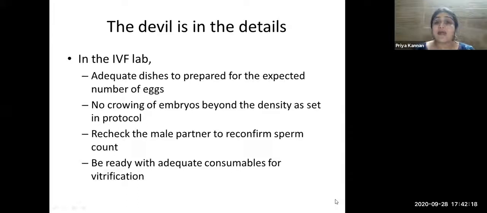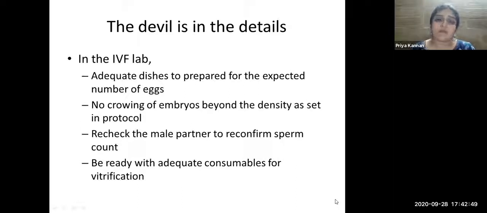Now, why am I not supposed to just give only one small dish and put all the eggs together? Because there is a ratio of how much culture media each embryo will require. Each embryo must be cultured in a minimum of 15 microliters. So if I have a drop of 100 microliters, I can put maybe 5 or 6 embryos into it.